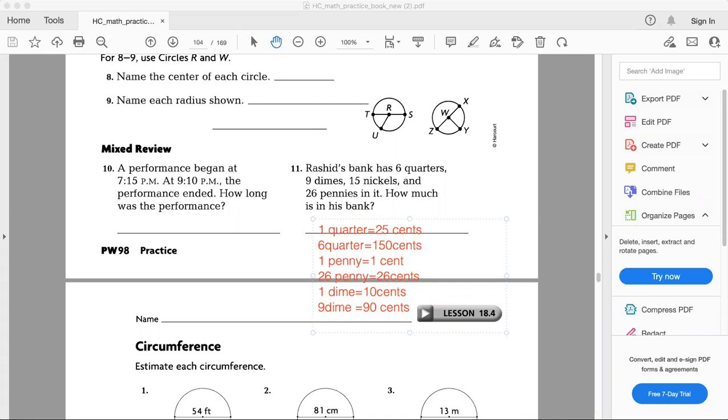Then what we have? Nickel. 1 nickel is equal to 5 cents. So 15 nickels will be equal to how many cents? Beta, tell me. 65. No, ma'am, 75. Very good.